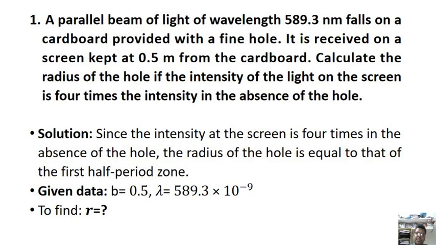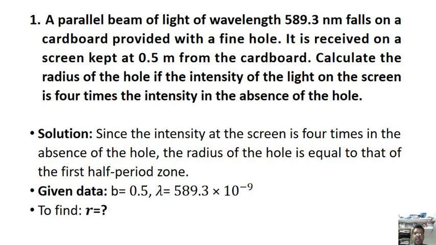We can easily understand this problem. Here a light radiation comes out and falls on a cardboard. That radiation has a wavelength of 589.3. It is going to pass through a fine hole.